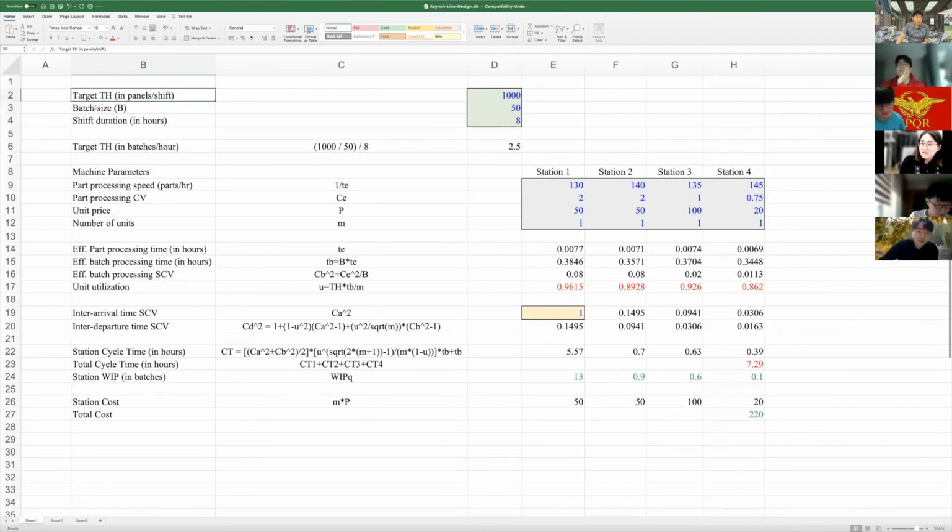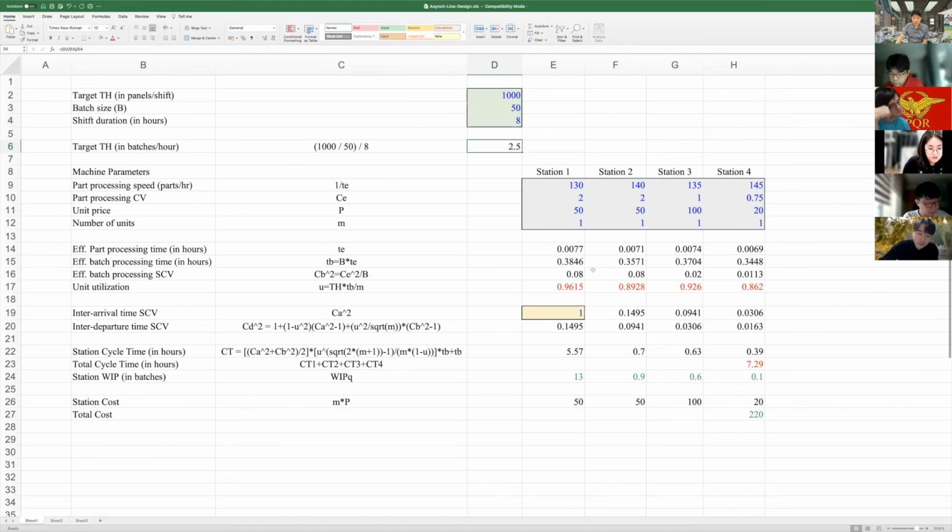Okay, the different thing is this one. It means that in this example, the product is moved together with this batch size. Also, we can determine the blue numbers.